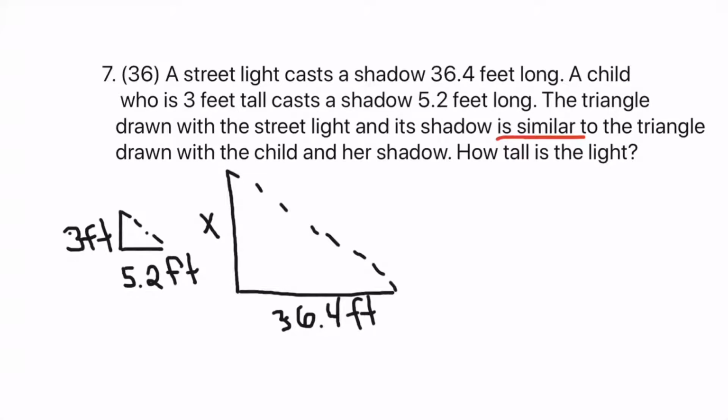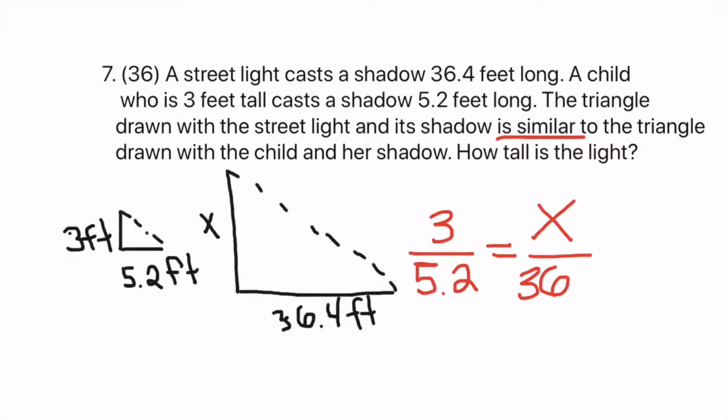up a proportion. So I'm going to set it up as the child's height over the child's shadow length equals the light post, which we don't know, so that's an x, over the light's shadow.